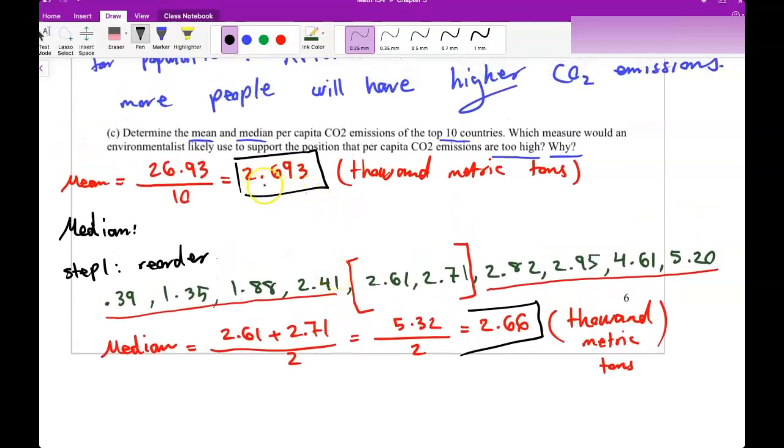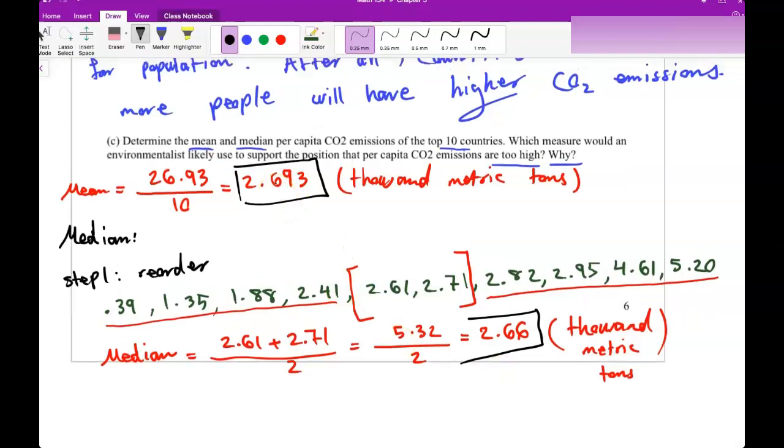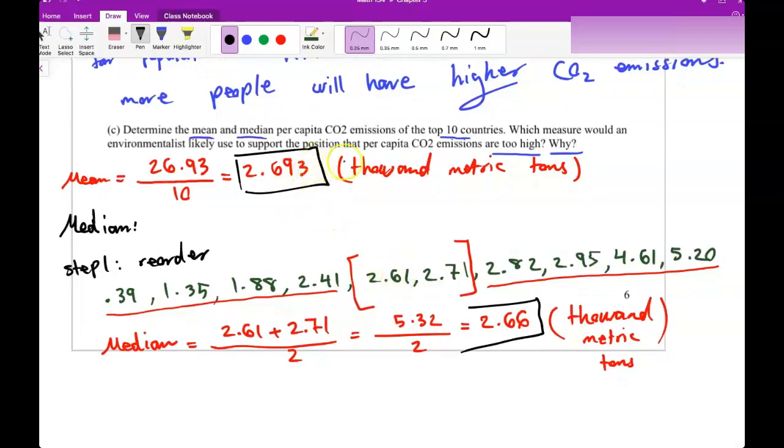Okay, so for the mean we got 2.693, but for the median it is 2.66, and the mean is higher. So the environmentalist would use the mean because that is higher. Which measure would he use to support a position that per capita emissions are too high? Since we have that one too high, we're going to use the one which is higher.